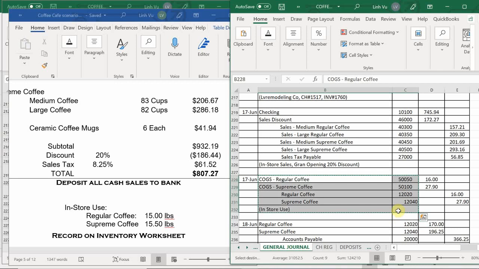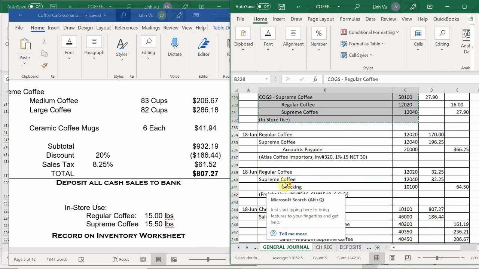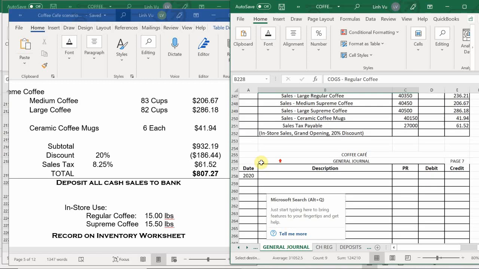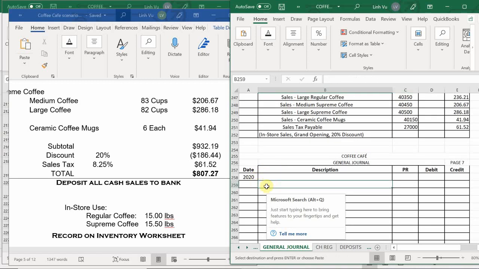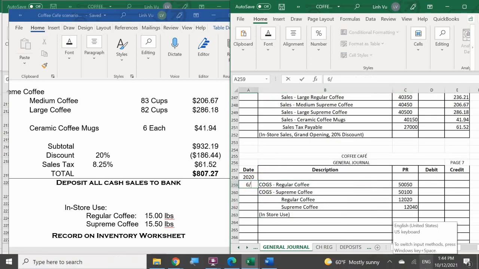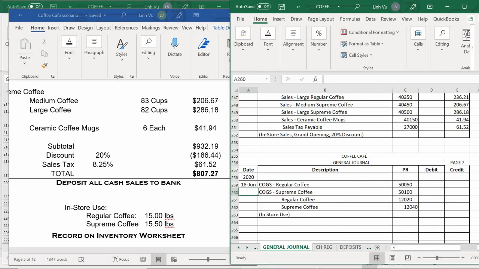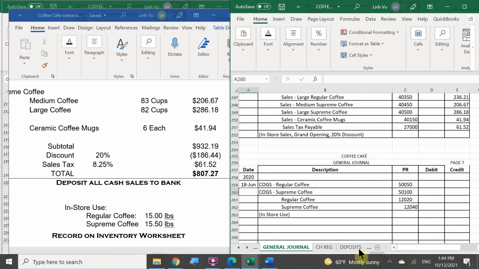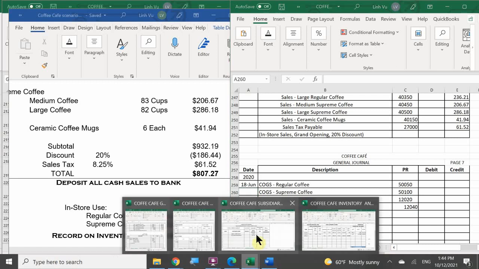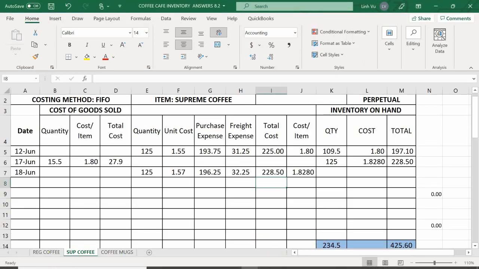How much is the cost of regular coffee? Well, we gotta figure that out. Where do we figure that out? We're going to the inventory worksheet. So in this case, we sold 15 pounds and 15.5 pounds. So inventory worksheet. So here we are.